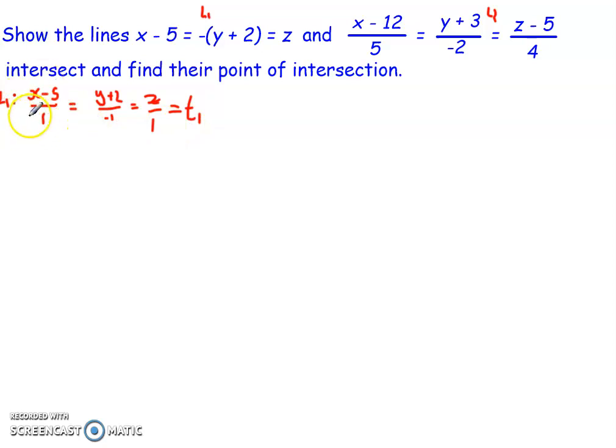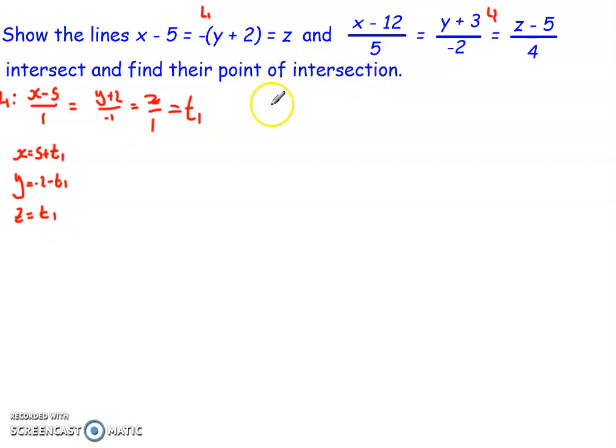So if I look at the x, I'd end up getting that x equals 5 plus t1. I would get my y variable, so y equals negative 2 minus t1, and z is just equal to t1 itself.